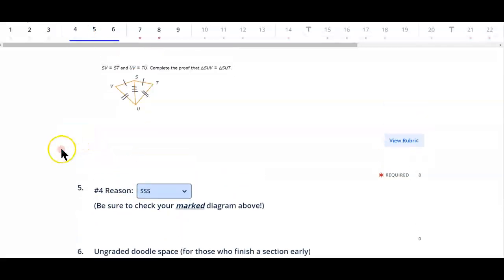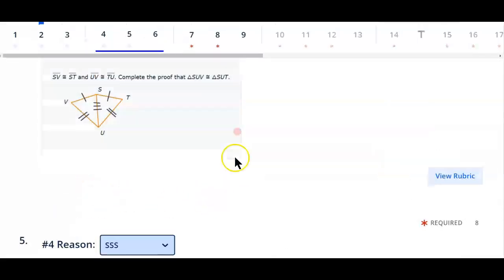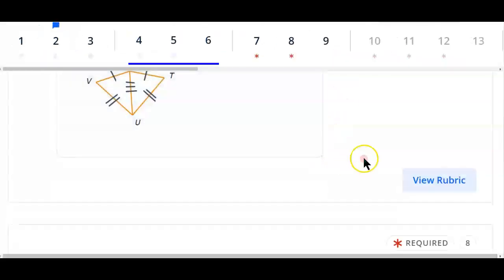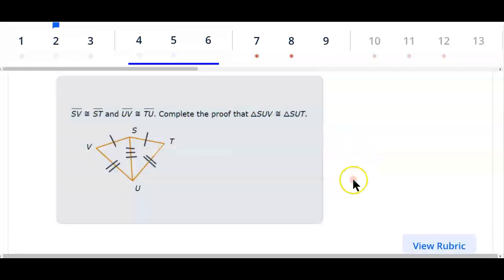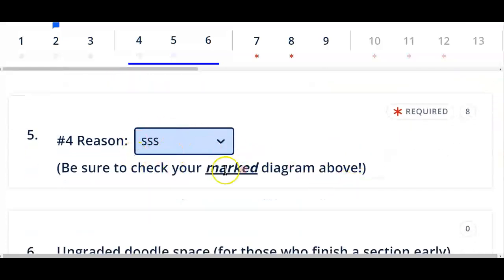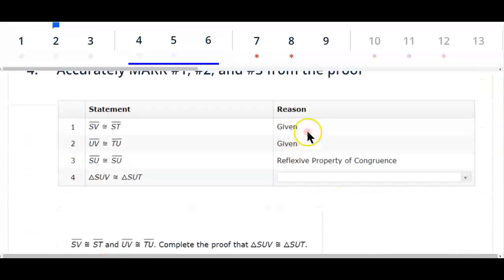I've set this up so that hopefully, and remember you can zoom in and out with Control plus or Command plus to zoom in, Control minus or Command minus to zoom out if you're not seeing the little magnifying glass in your browser, you can see your diagram that you've marked and see the reasons and the proof.